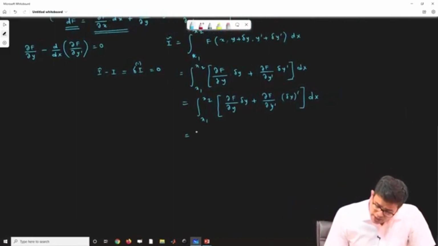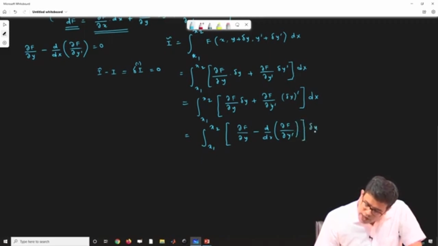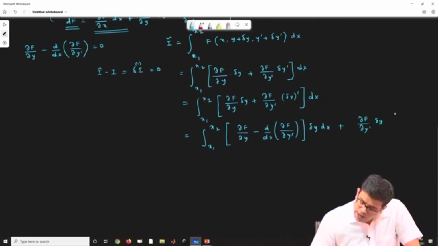In a similar way I can get this formula, that is the integral from x1 to x2 of [∂f/∂y minus d/dx of ∂f/∂y prime] into delta y dx, plus ∂f/∂y prime into delta y at x equals x1 to x equals x2.